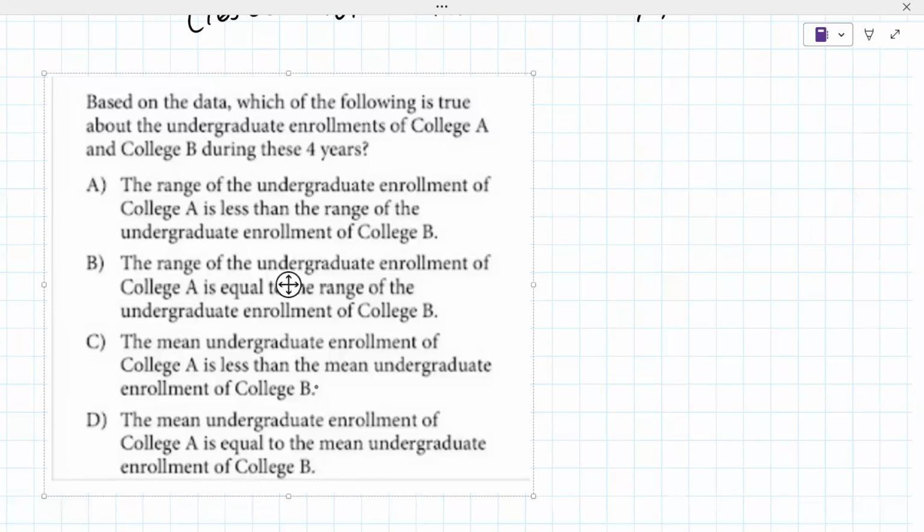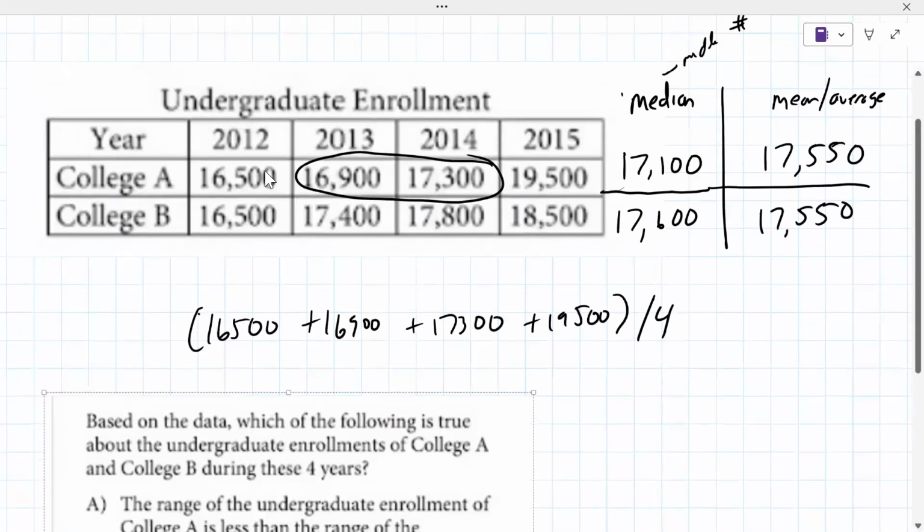Is it A? Oh, someone asked about range. Oops, I forgot about that one. So the range of A is 3,000. The range of B is 2,000. Sorry, I didn't look at the question. I thought it was just range. So range is max minus min.